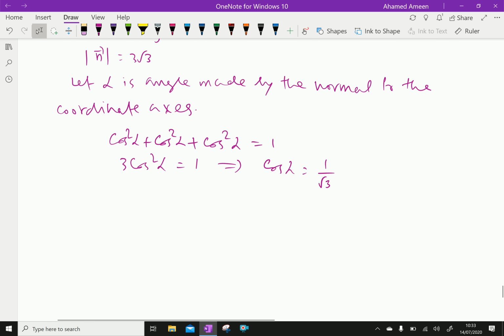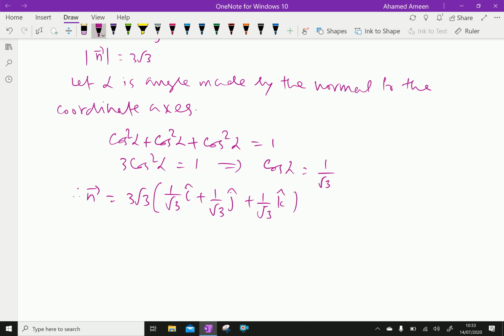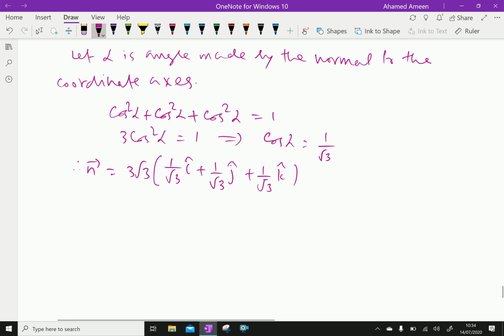Now the normal vector n we can write as modulus 3 root 3 into 1 by root 3 i plus 1 by root 3 j plus 1 by root 3 k, because the angles are equal.